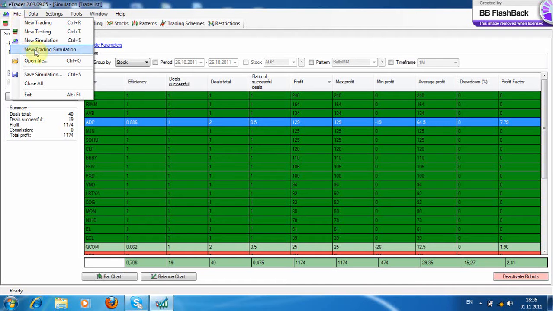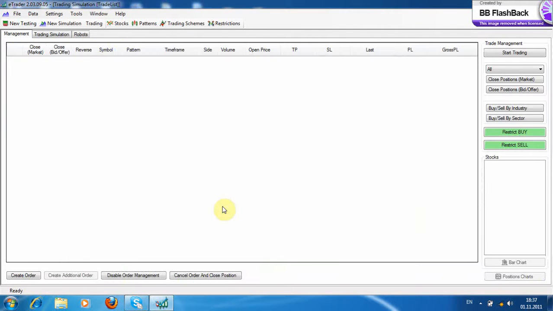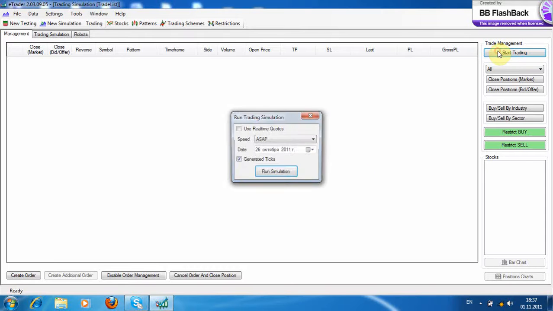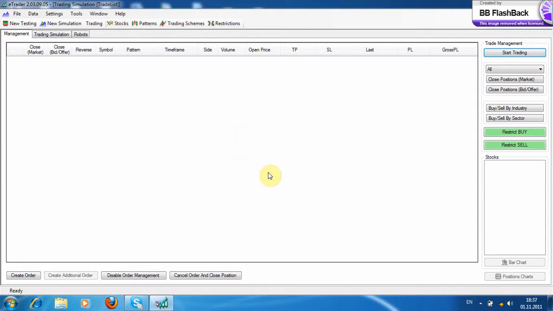We can also do trading simulation. Very useful. We can see how the trading would take place. Let's take a recent date, and how we would react to it.